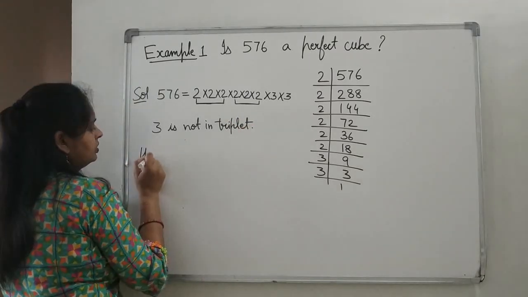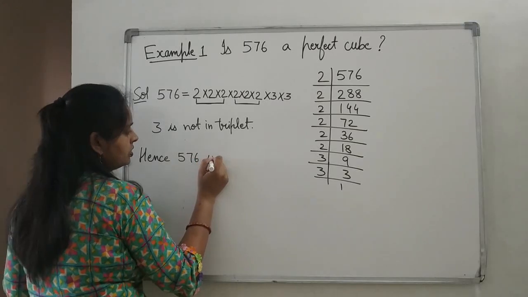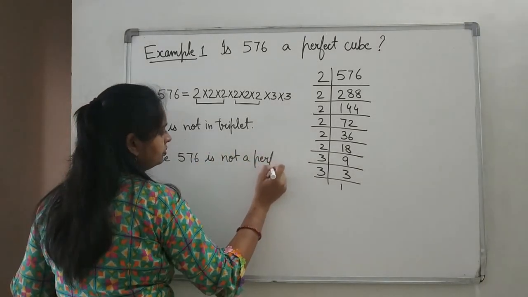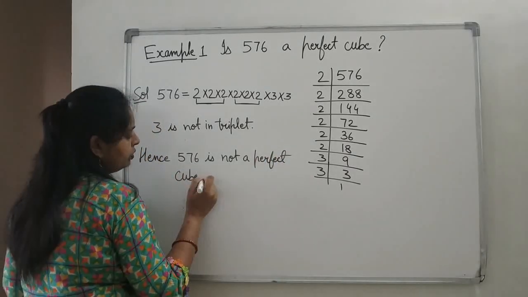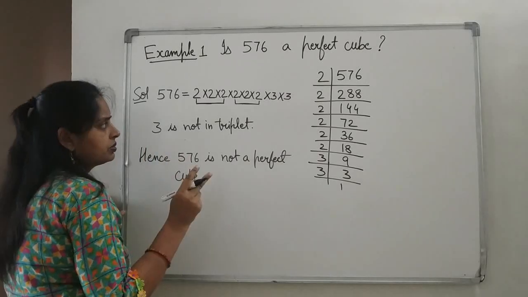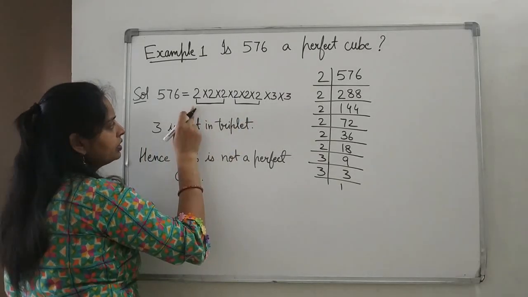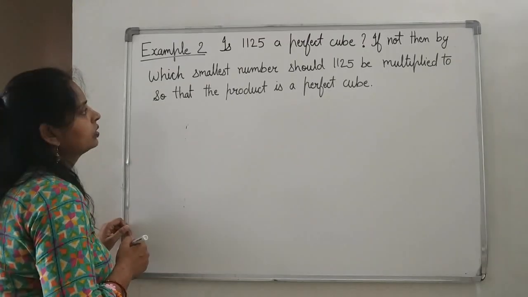Hence 576 is not a perfect cube. In squares we were doing pairing of 2 of the same prime numbers, and here for cubes we have to make triplets of the same prime number.